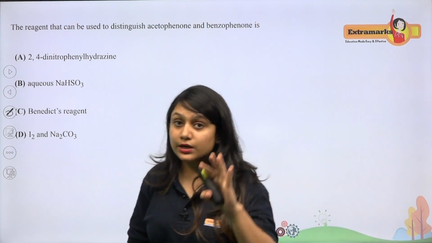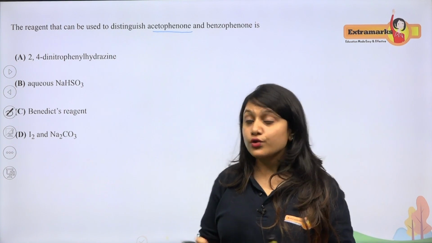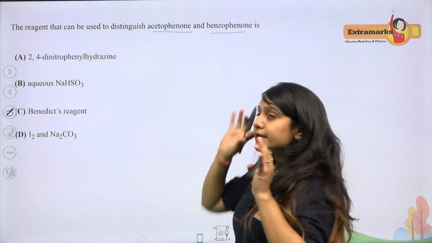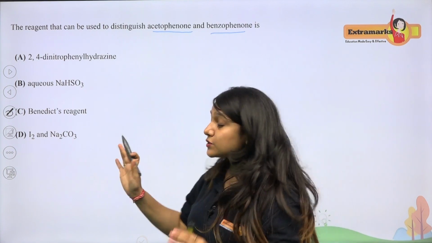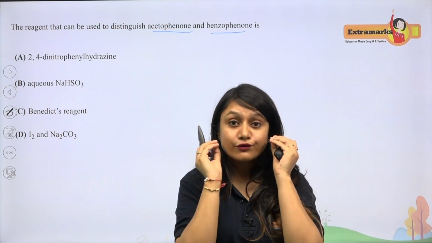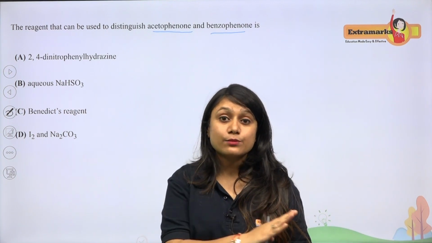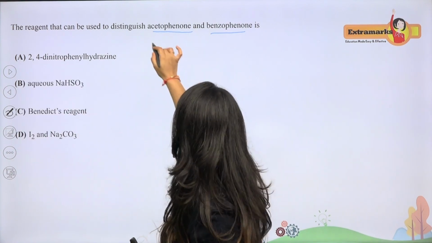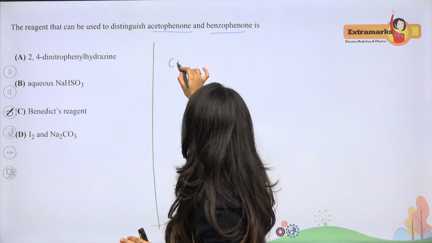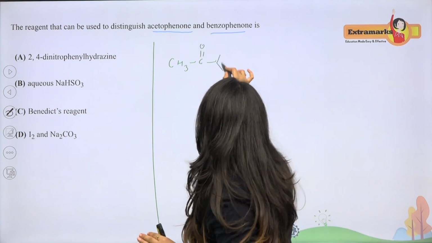In this particular question, there are 2 compounds given, acetophenone and benzophenone. Now what is the formula of acetophenone and benzophenone first of all? Also, which functional group is present in both compounds? So let me tell you, the formula of acetophenone is this one. Acetophenone is basically a ketone.